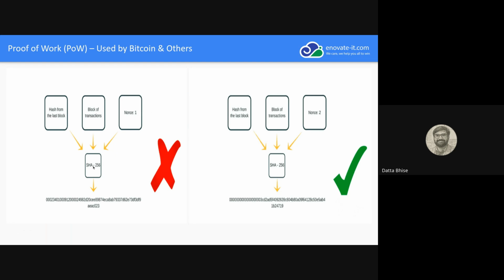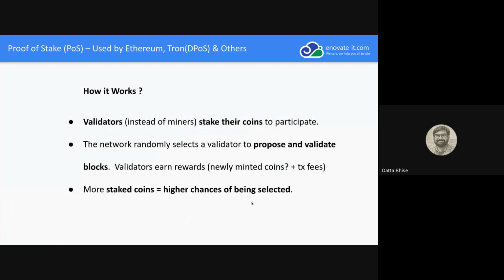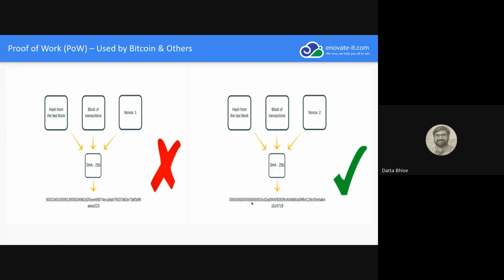You have to calculate this hash millions of times. Finally, some miner gets the result shown in the second image. The hash is created and it has leading zeros, right? So the miner won this block.